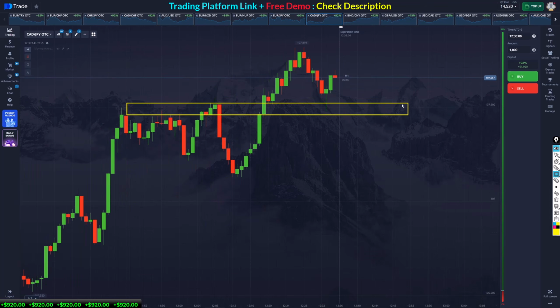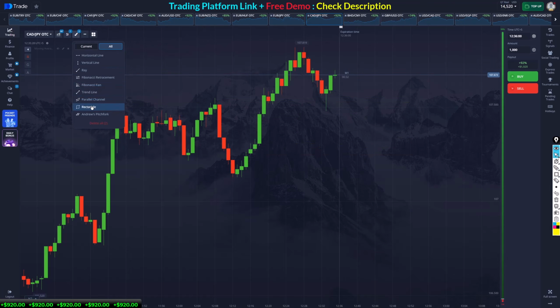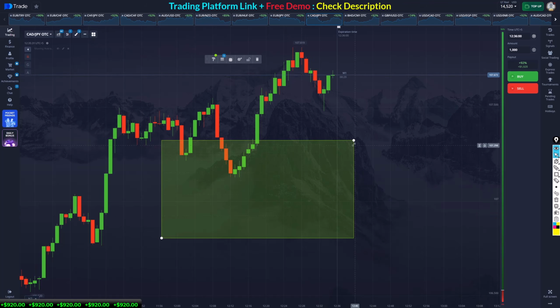We have this respected resistance, and you can clearly see the startup for this breakout happened right here, and this is a fair value gap. And of course, we have some entry right inside this. Let me just mark this as my order block.